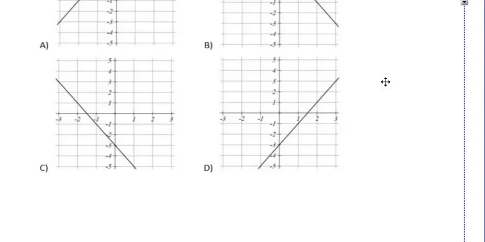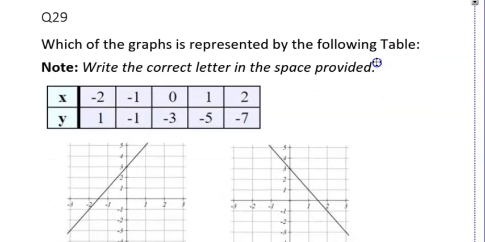Okay, so you analyze your table, find the x and y intercepts to eliminate graphs that don't fit. And then you get another point and decide between the two. Got it? You don't need to do one by one. This is called strategy. I immediately look for zeros, and I see that this is a y-intercept.